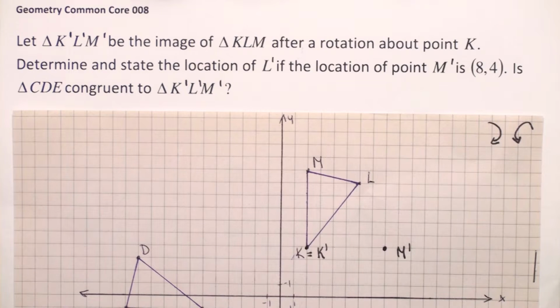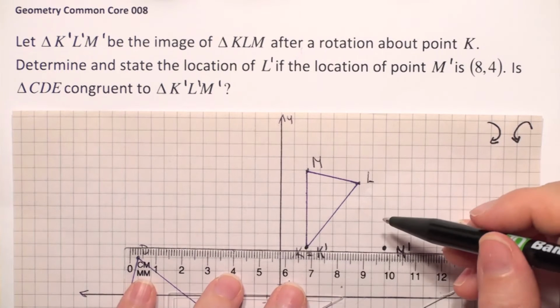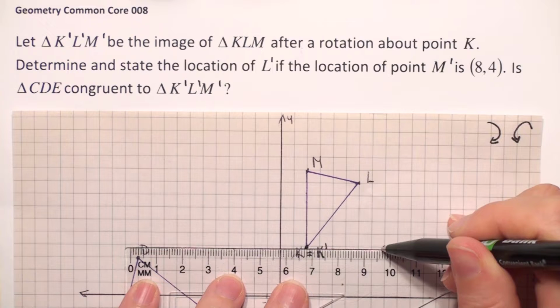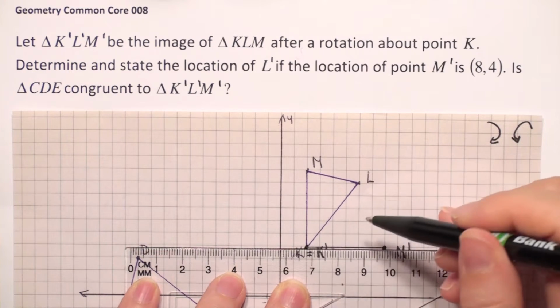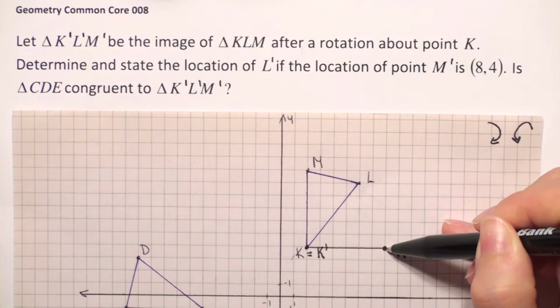So if we connect M prime and K prime, K prime is equal to K, we see that our M is going to M prime.